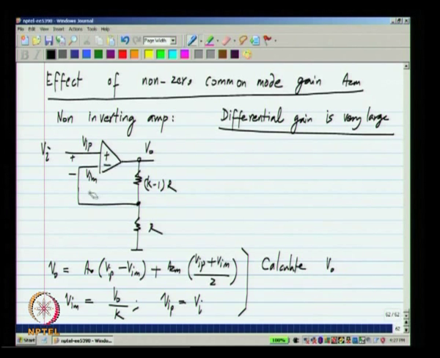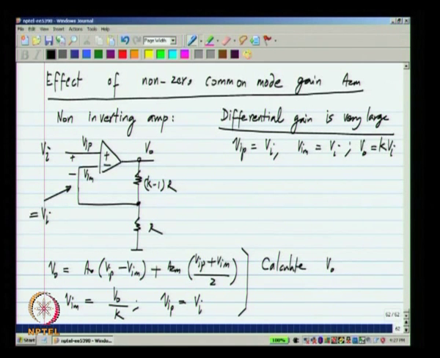So, what will we have? VIM will also be equal to Vi because of the virtual short. And the output will be just K times Vi. This is the ideal case.